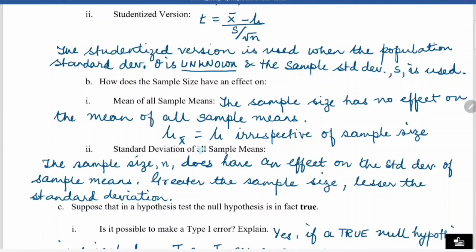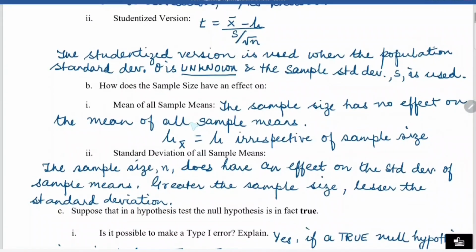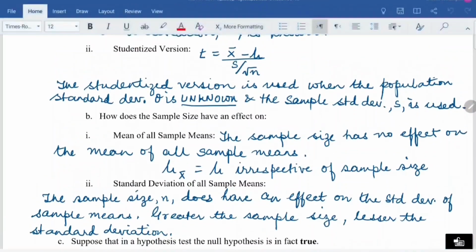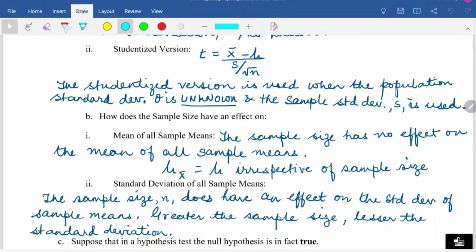The sample size does not have any effect on the mean of all the sample means. And in notation form, that means mu sub x bar, which reads as the mean of all the sample means, is equal to the population mean irrespective of the sample size.